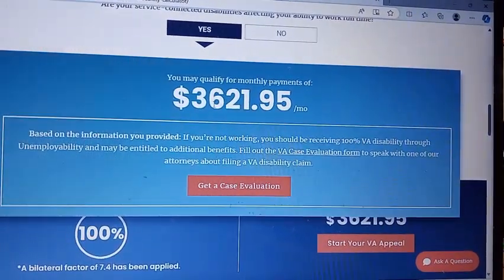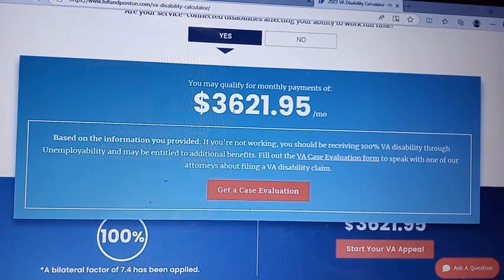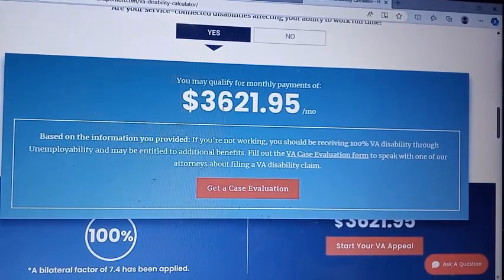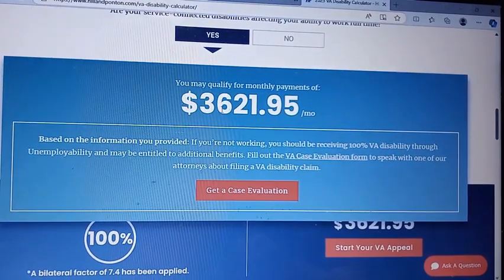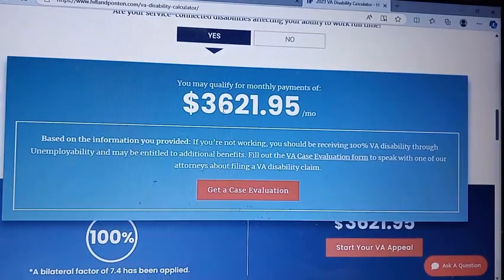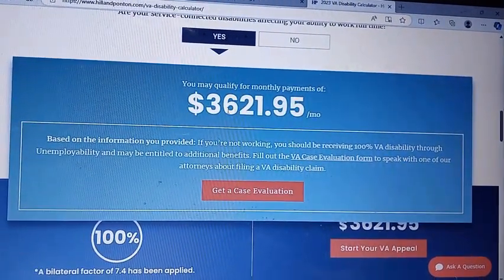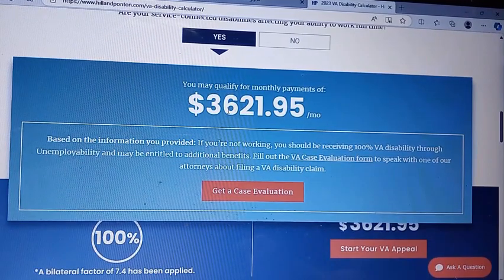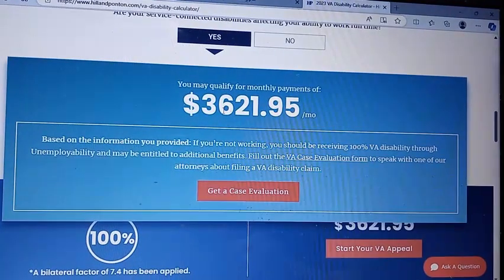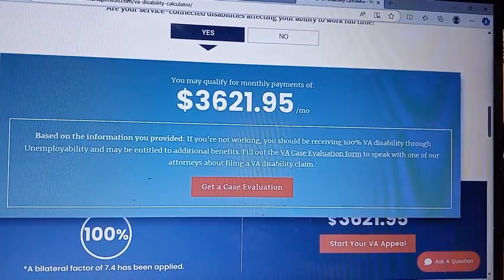My family and friends have written letters, and they've been notarized and given to my lawyers, who were supposed to give them to the VA. Whether they did or not, I have no idea. Those letters state that they witnessed me break down in tears because I couldn't do something.